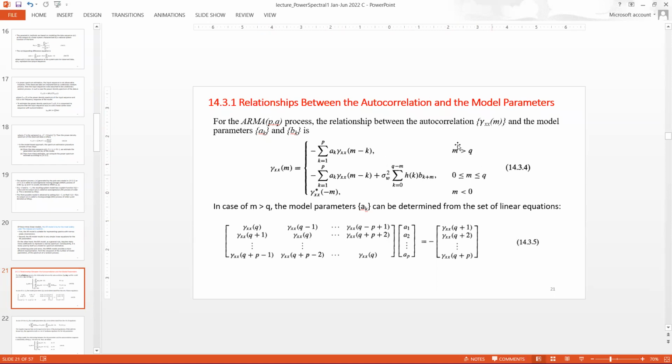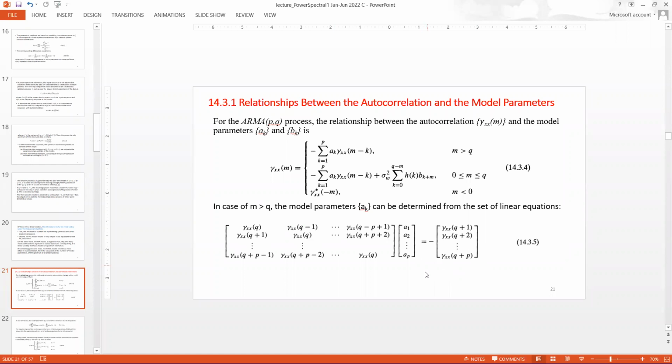If we consider only this one, m greater than q, then we get the equation in terms of ak, and that can be expressed in terms of linear equations in this way.